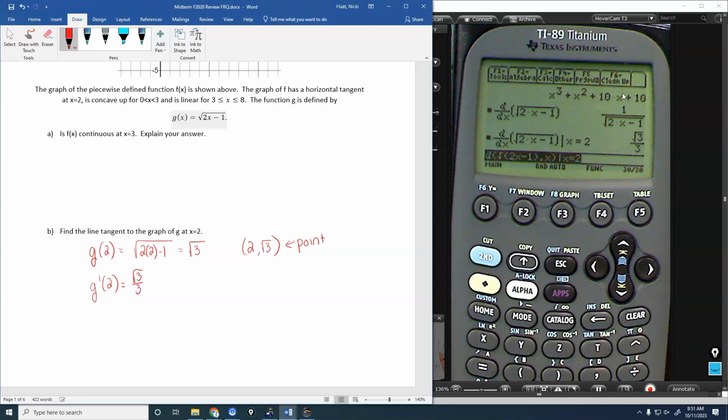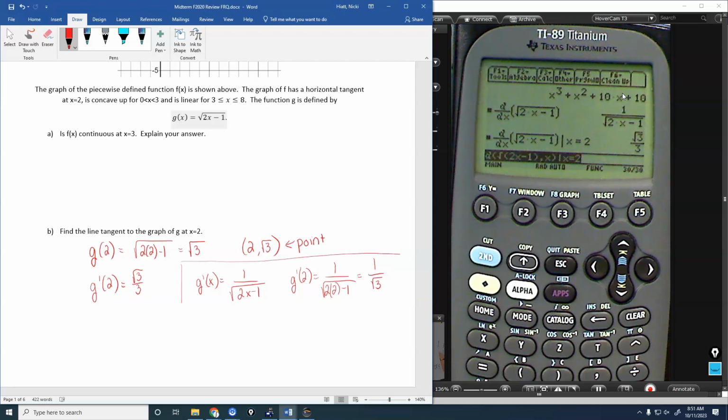But if you want, you can do g prime of x is 1 over the square root of 2x minus 1, and then g prime of 2 is 1 over the square root of 2 times 2 minus 1, which will give you 1 over the square root of 3.